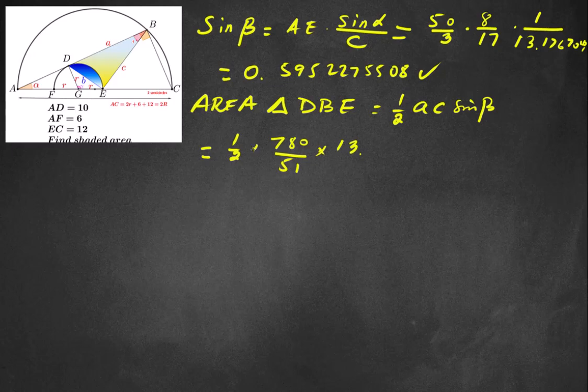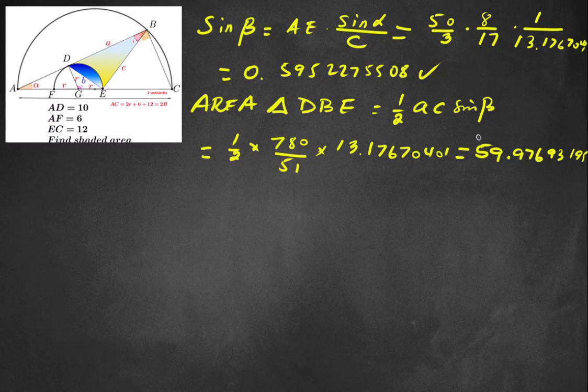And then of course this writing may not have included the sine beta, we just found it up there. Sine beta should be times 0.5952275508. So finally we get the area is equal to 59.97693195. There you go.